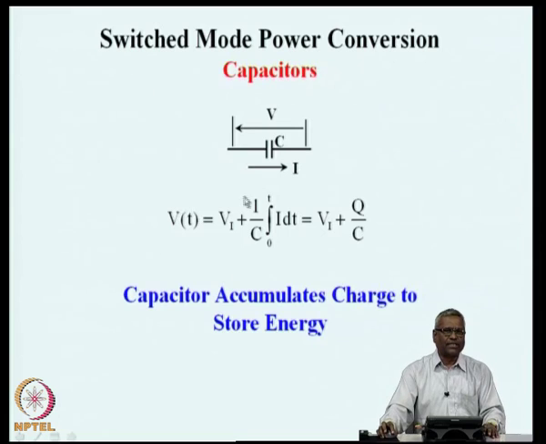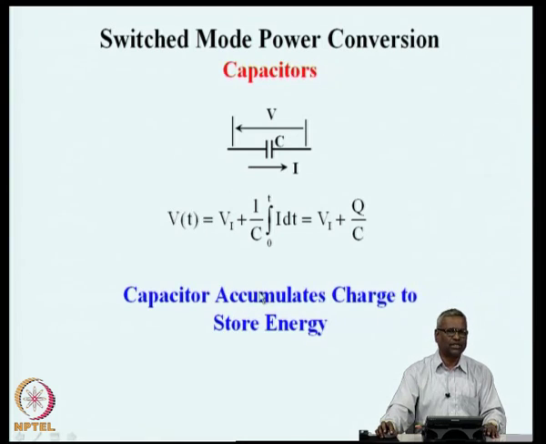Now, we come back to the same charge accumulation property. It is possible to express V as an initial voltage plus the accumulated voltage. The accumulated voltage is the charge that is supplied to the capacitor divided by the value of the capacitance. We can say that the capacitor stores energy by accumulating charge.